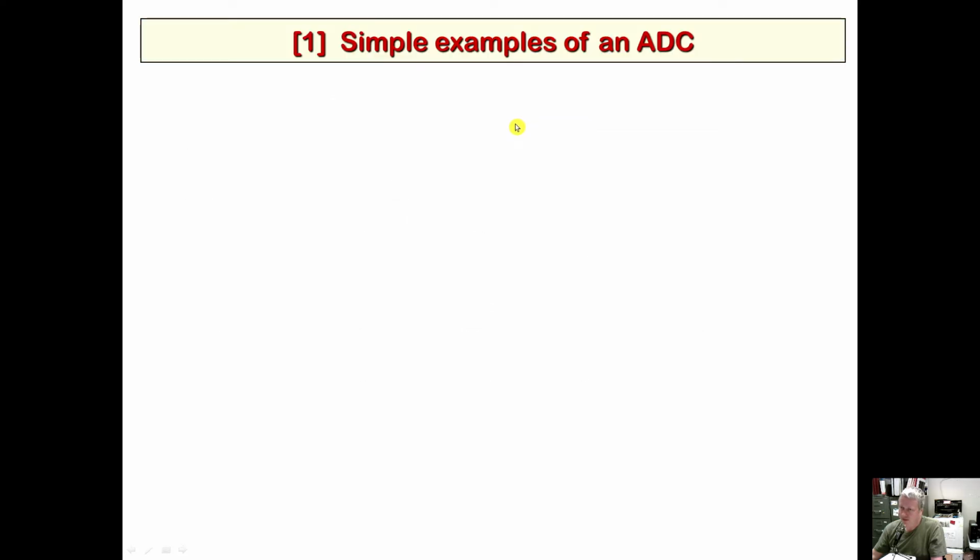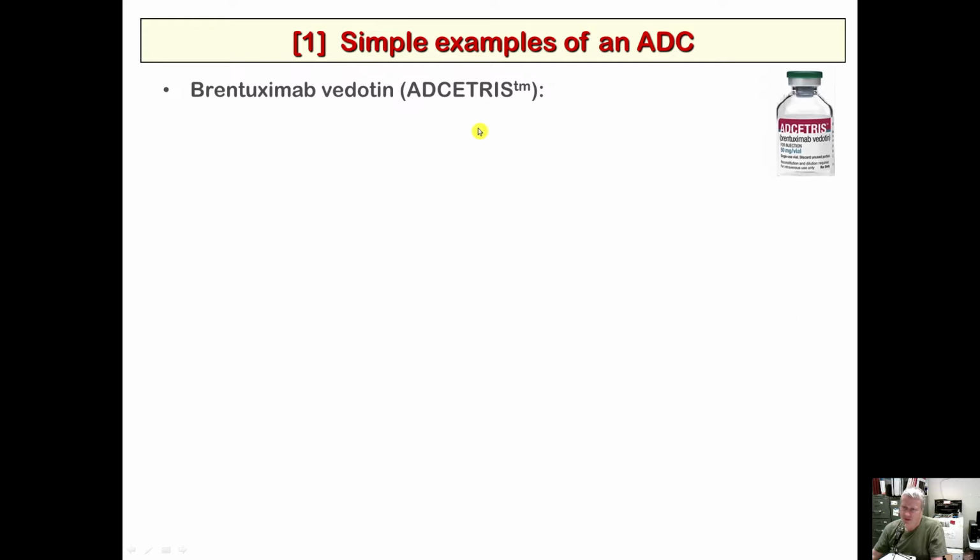Our first example is a drug called brentuximab vedotin, or Adcetris. A lot of these are anti-cancer drugs, and I think there are additional antibody-drug conjugates that treat other diseases. We're going to focus on the anti-cancer ones.